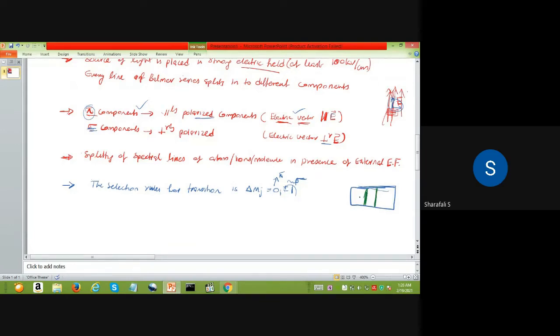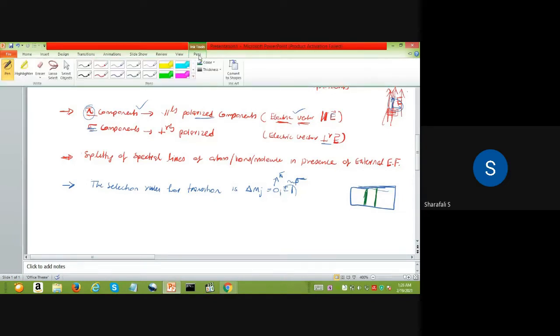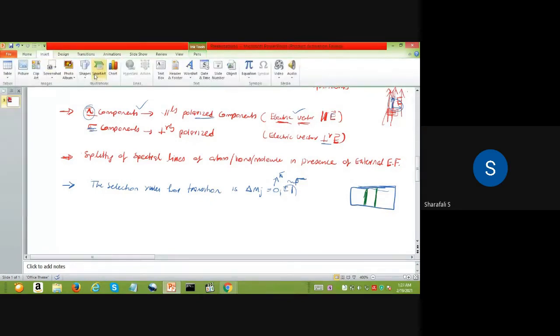But in some cases, you will be getting white color. I will just show that. Suppose your screen is like this.